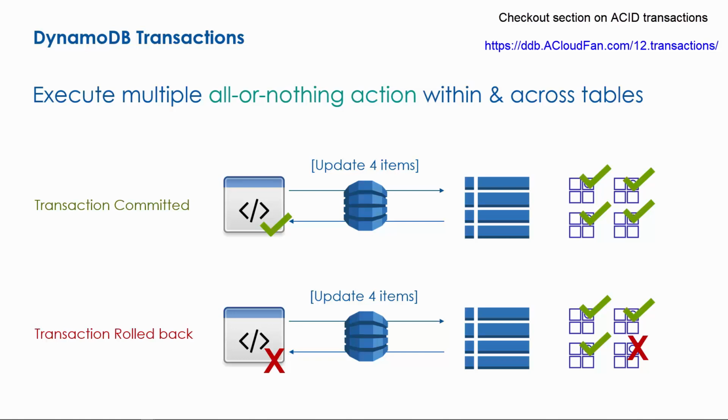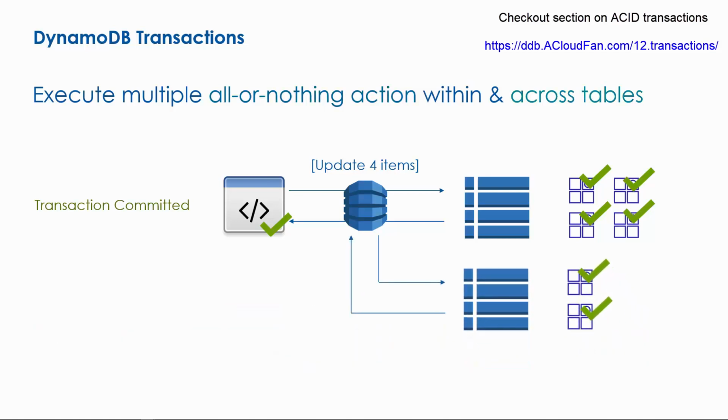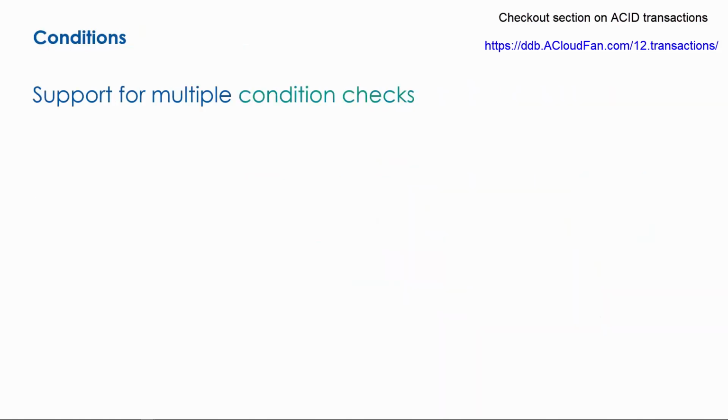Although in this illustration I'm showing the transaction API getting executed against a single table, the DynamoDB transactional API can be applied across multiple tables as long as the tables are in the same region and they belong to the same AWS account. DynamoDB transactional APIs support two types of condition checks.